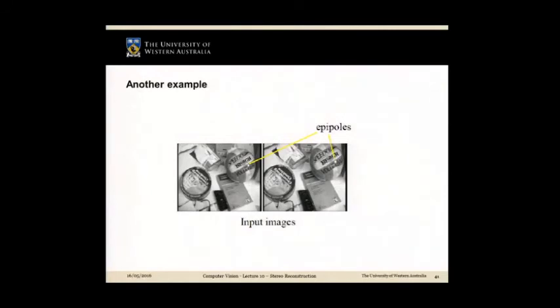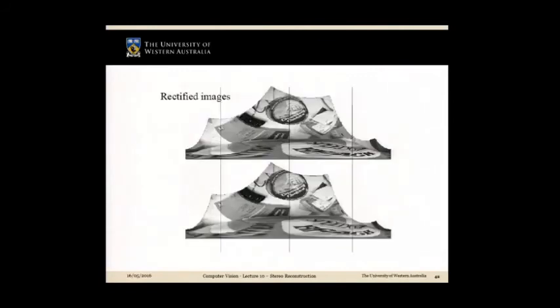So as another example, let's say we have epipoles on an image, and we have two input images, and you can see these two images are different, right? If you closely look at them, they are totally different images, especially if you look at this part of the image and the other one. So we have some camera movement there, right? A slight displacement in cameras. And if you apply image rectification here, as the epipoles were on the image or close to the camera, the images have been stretched.